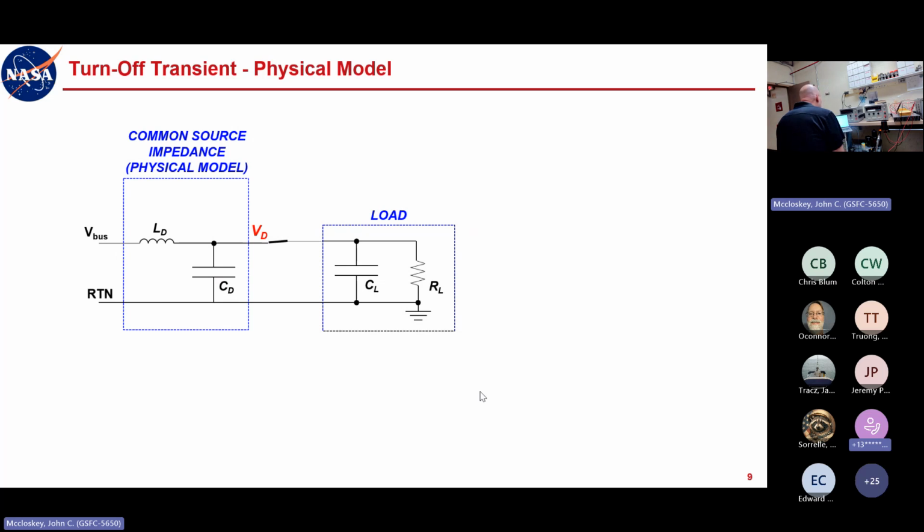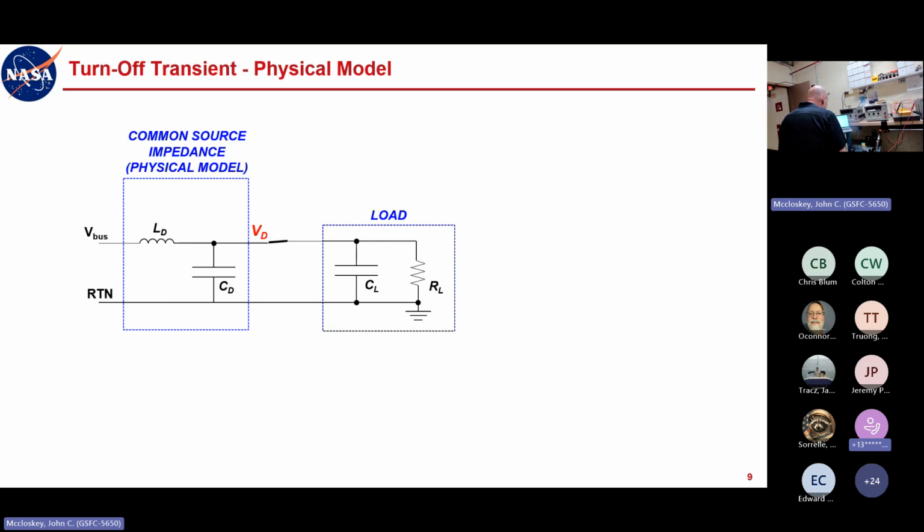Now, looking more at the physical model, and again, this is very simplified, but I think it gets the point across. Your common source impedance really doesn't have a physical resistor for your Z naught, for your characteristic impedance.